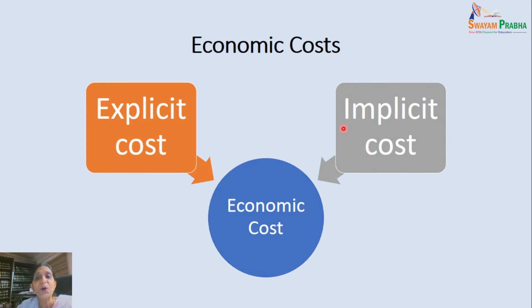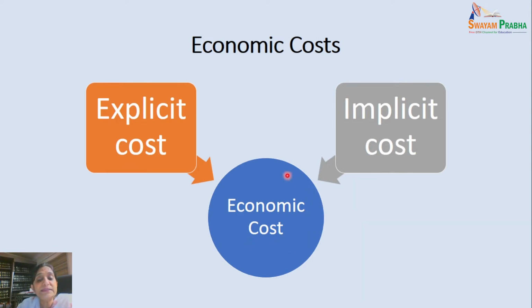So implicit cost is basically the foregone income of the particular use of a resource which is self-owned. When we add up both the explicit cost and implicit cost, what we get is called economic cost. Now what does this economic cost mean?